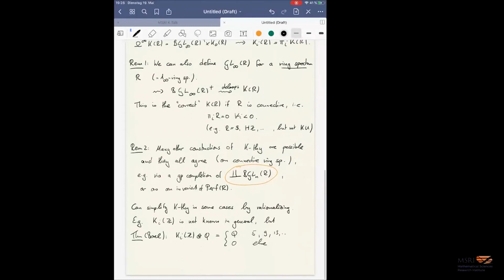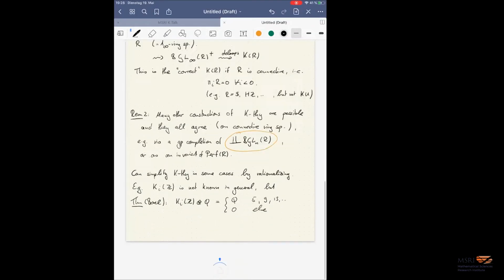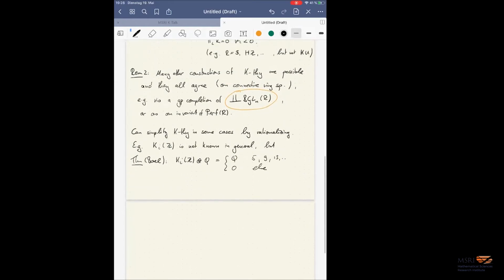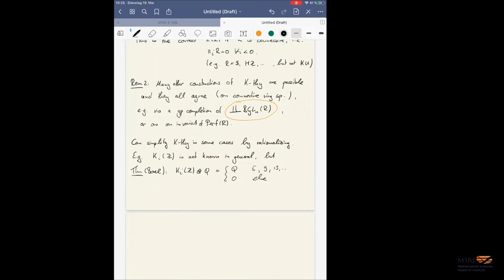So I don't want to say very much about the proof, but I want to say one very short ingredient, namely, we recall that omega infinity K of Z is Z times BGL infinity Z plus. Now, it's a general fact about the plus construction that X goes to X plus induces an isomorphism in every homology theory.